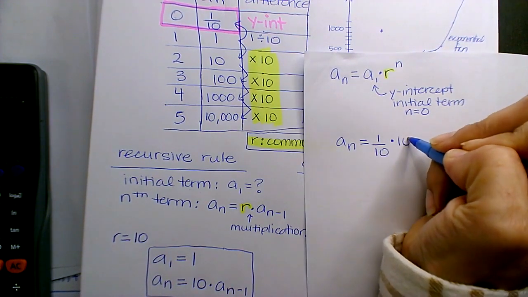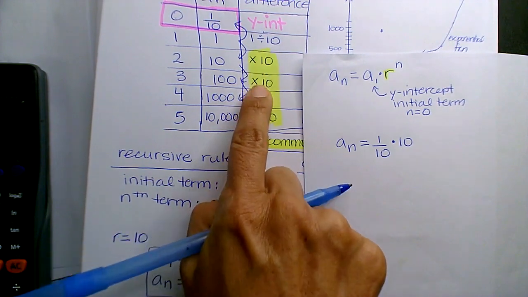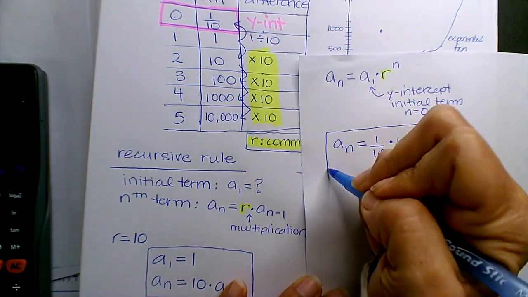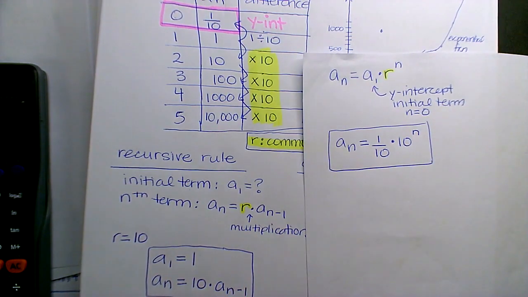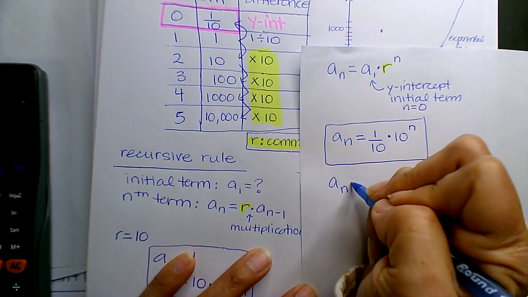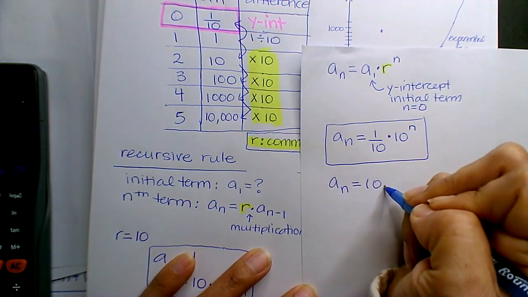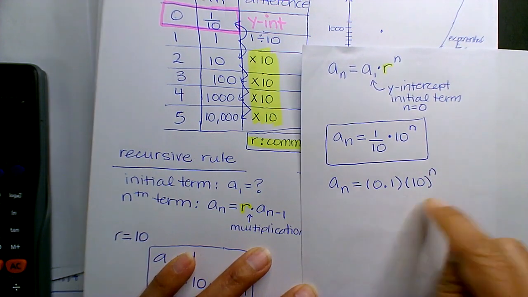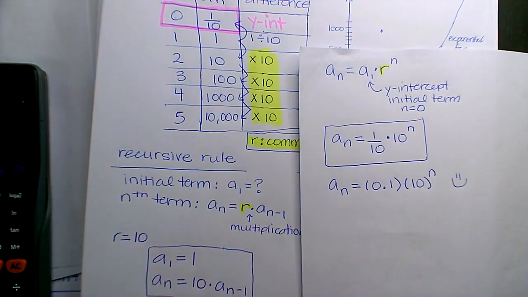I'm multiplying by 10 as I move through, and then n. And that is your explicit rule. If some of you want the decimal and you want to plug in 0.1, 10 to the n, that's acceptable. It's up to you guys. And I'll get them equally from you guys, so whatever you feel comfortable with.